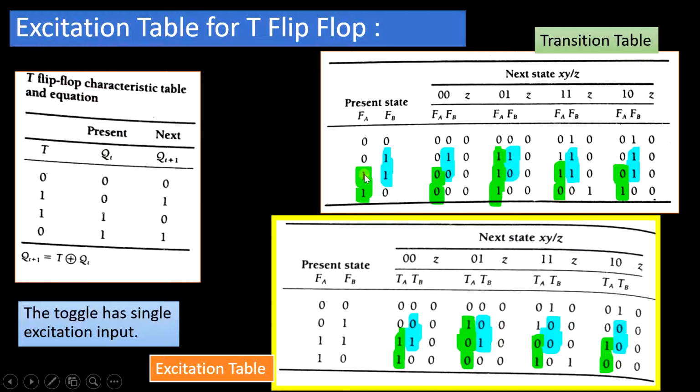And the operation has to occur only when the input changes to logic 1, or the toggling should occur whenever there is input logic 1 appearing. So what you are going to do is compare FA with FA here, and modify your excitation table accordingly.